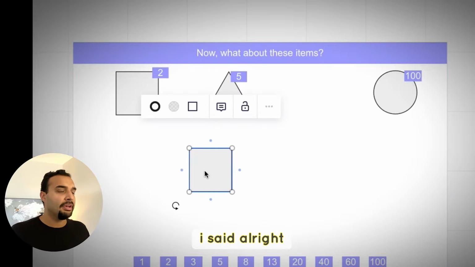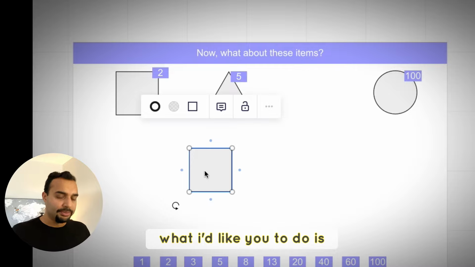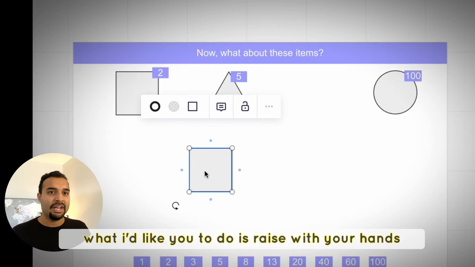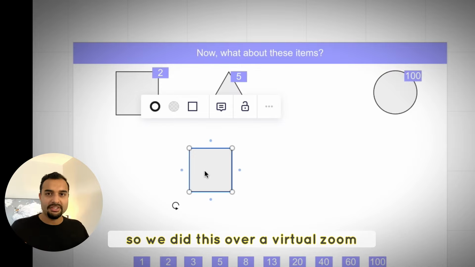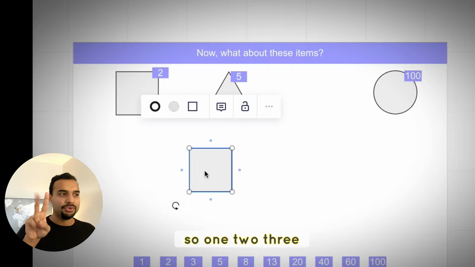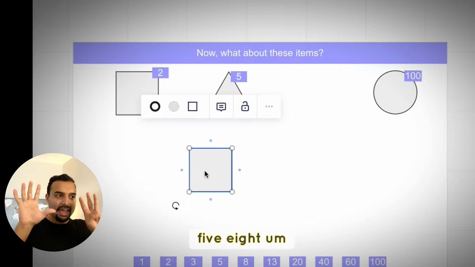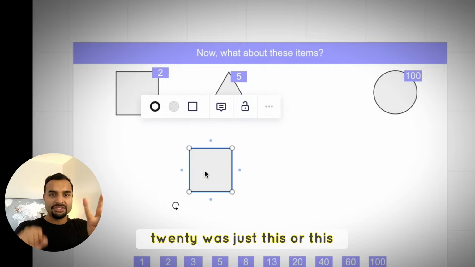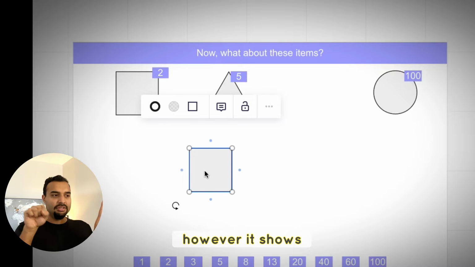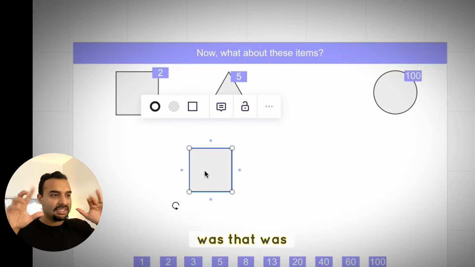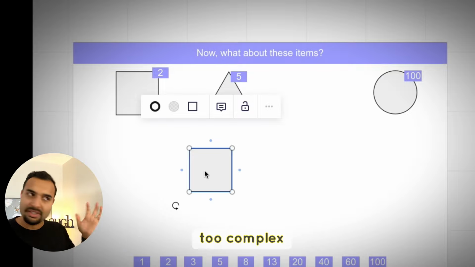The next shape, I said, all right, now what I'd like you to do is, with these numbers at the bottom, raise with your hand. So we did this over a virtual Zoom call by hand. So 1, 2, 3, 5, 8, 13, 20 was just this, or 40 was this, or 60 was this, and then 100 was just like, okay, it's too big, it's too complex.